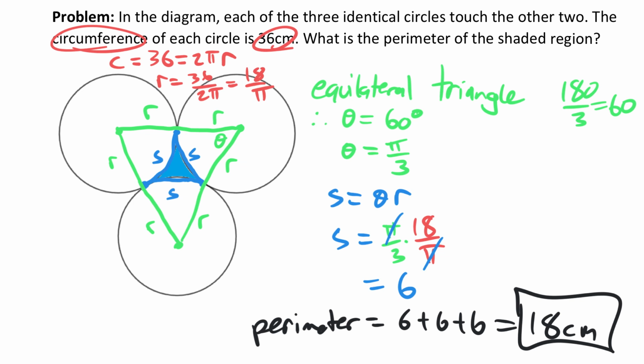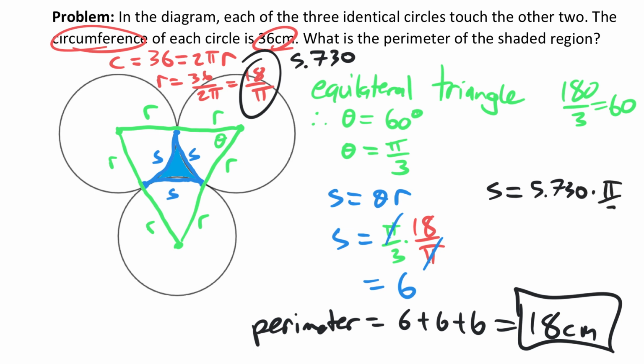And this is a really nice question because we get a nice whole number answer in the end. And if you didn't do this properly, if you just worked through it and you said, oh, 18 over pi, and you converted that into a decimal, that's going to give you 5.730. And if you turned this here into an s, we'd have s equals 5.730 times pi over 3.